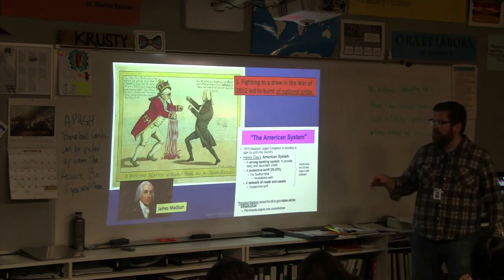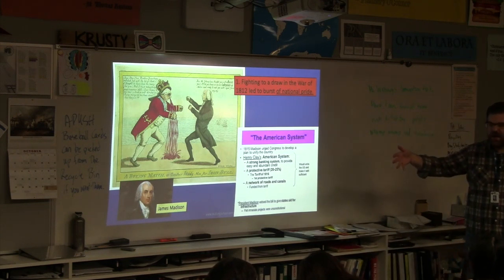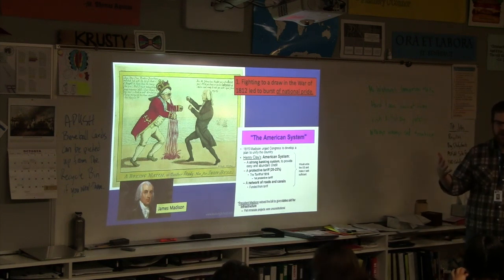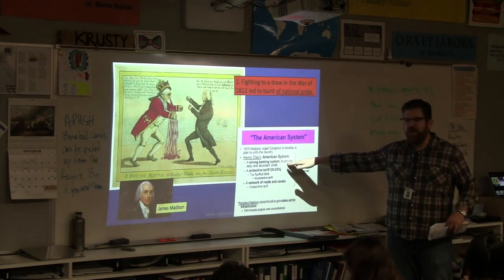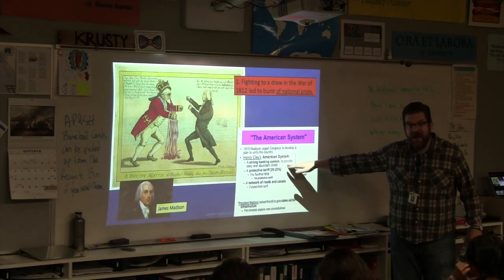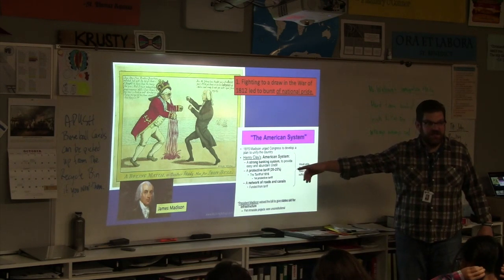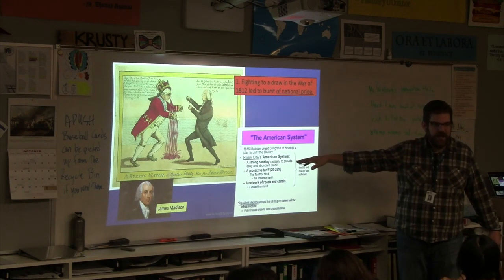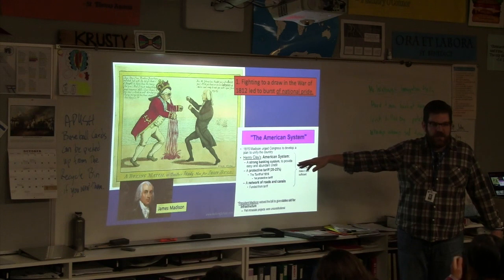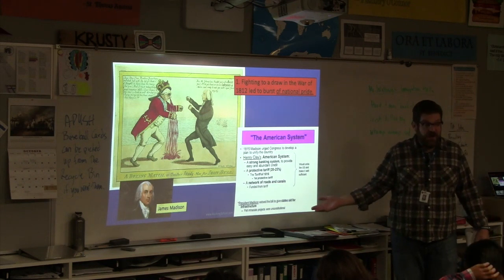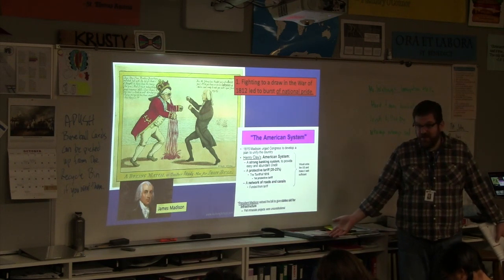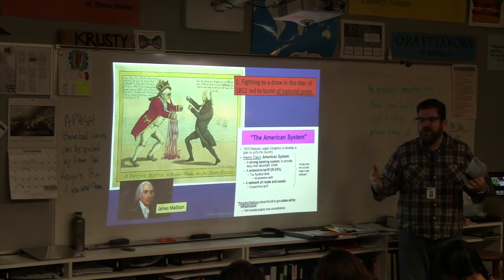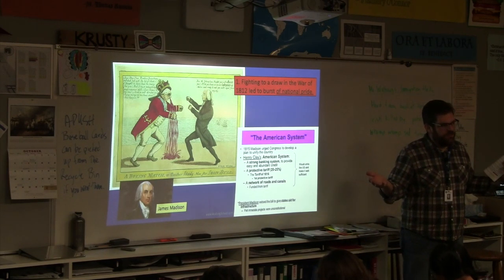It's kind of promulgated by a congressman named Henry Clay, and it has three basic parts to it. First, there'd be a strong banking system. We did not have a strong banking system since Jefferson tried to dismantle the old Hamilton Bank of the U.S. By the time the War of 1812 comes around, what is left of the national bank, it's not even politically popular to borrow from it.